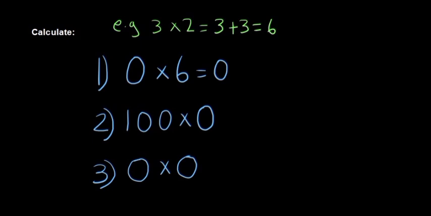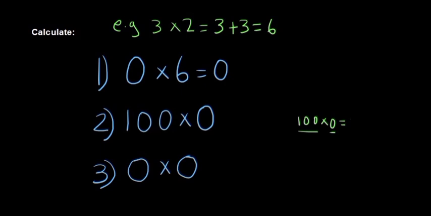Then on the next question we have 100 multiplied by a 0. So think of it this way. We're gonna add a 0 100 times. So it means we're gonna add 100 zeros.